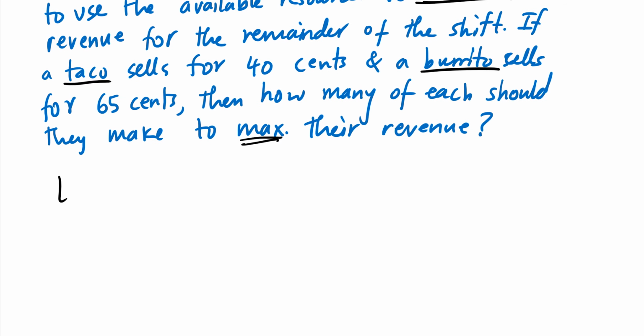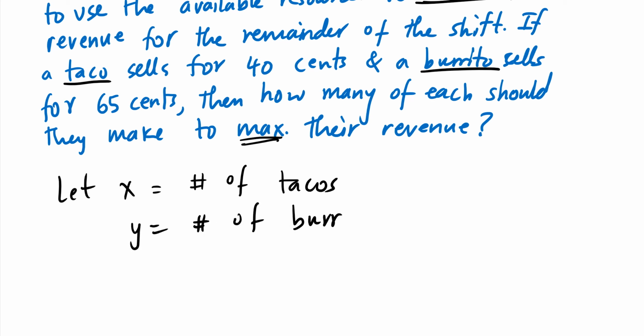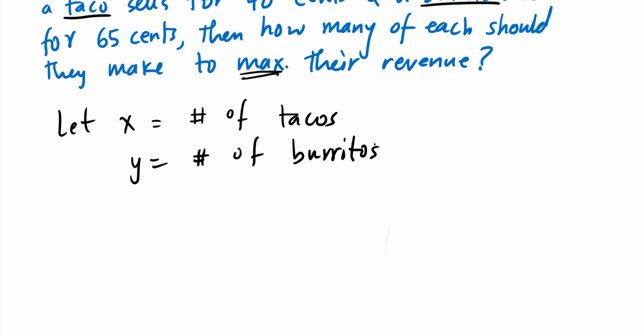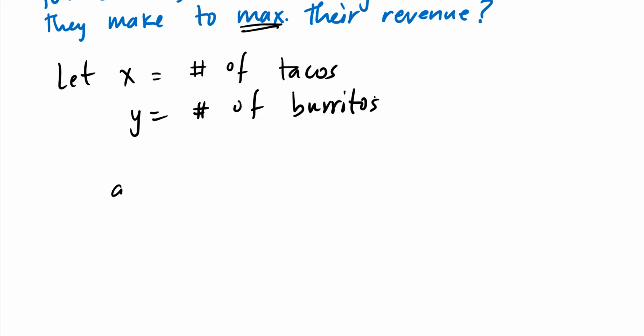So we can say let x be the number of tacos, and y be the number of burritos. These tacos and burritos are made of ground beef and tomatoes. The way to set up, if you read the problem, let me write ground beef here.